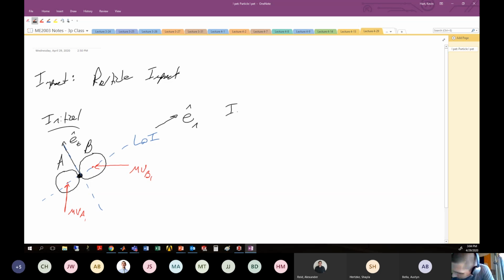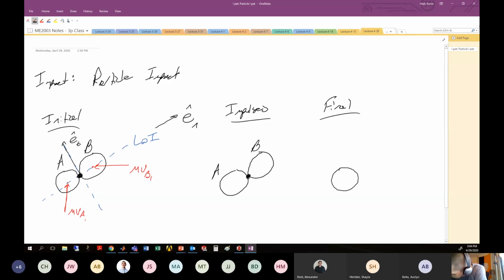Then we have some impulses which occur. If we're looking at the system as a whole, puck A and puck B, then we're not going to see any external forces, because whatever forces are transferred between the two pucks at the point of impact are internal to the system. So you see nothing. And then your final momentum is, they've struck each other, and now they're moving away.